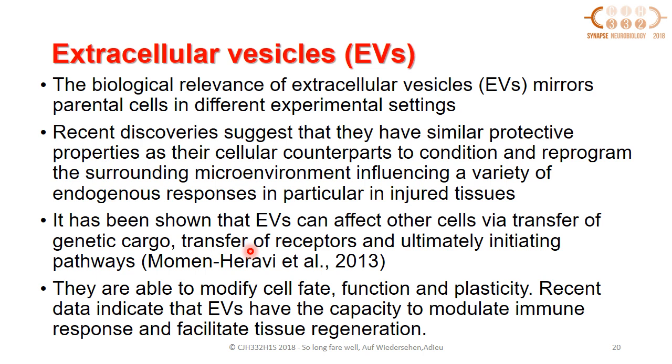And maybe they might be really useful for initiating different pathways that would normally have been thought to be impossible without the delivery of DNA or RNA or microRNAs, as well as the different receptor types. So by transferring receptors, by transferring genetic cargo, they might be able to modify cell fate, modify cell function, and modulate synaptic plasticity. Again, we're just now understanding what these different types of things might be doing.